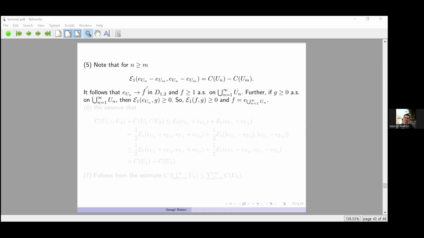And look at the E1 norm of the difference, EUn minus EUm. Let's expand it. Here n is bigger than m.